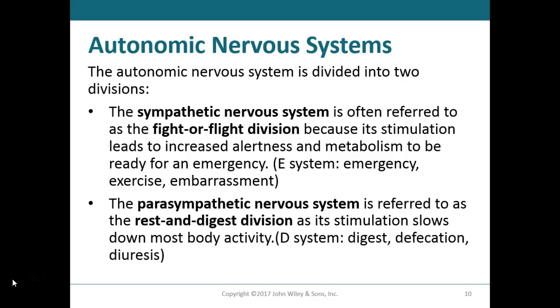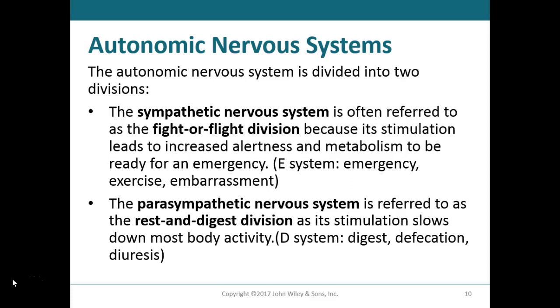The sympathetic part of the autonomic system is usually referred to as the fight or flight division, because it stimulates movement, it stimulates energy, it stimulates metabolism, it stimulates alertness. So you can think of this as your E system. So E for emergency, exercise, and embarrassment. So what happens if you are driving down the road and a car pulls out in front of you?